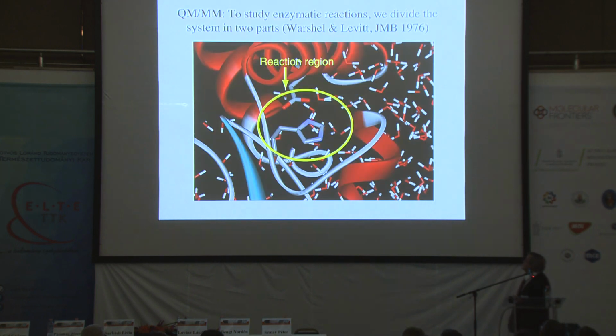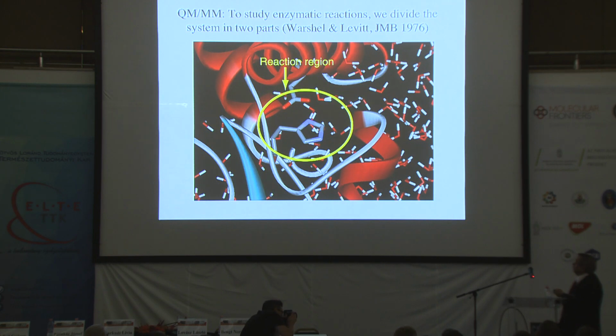So you need to do something extra, and one very important direction was to describe the chemical part by quantum mechanics and the rest by a classical force field, which allows you to treat the chemistry of the bond breaking in a way that allows the electrons to move, and the rest of the environment to be included in a simpler way.